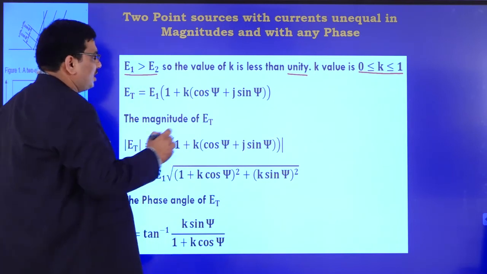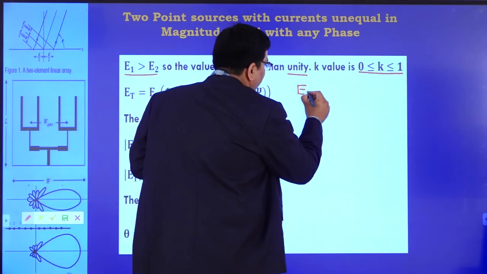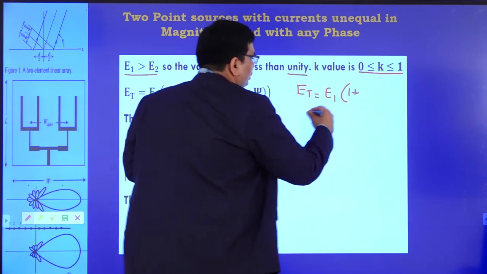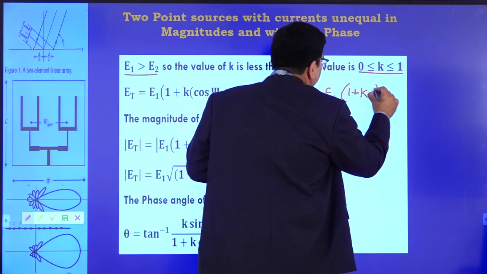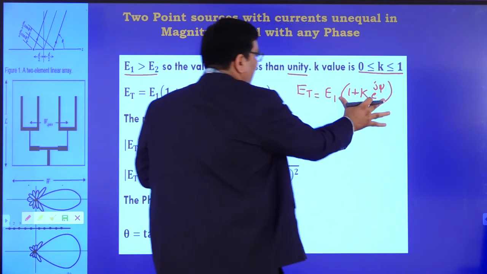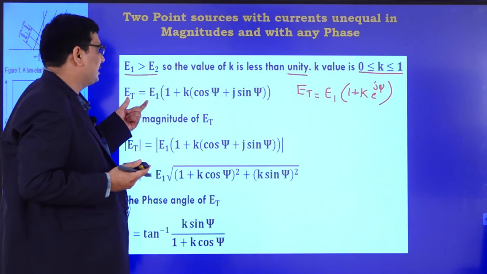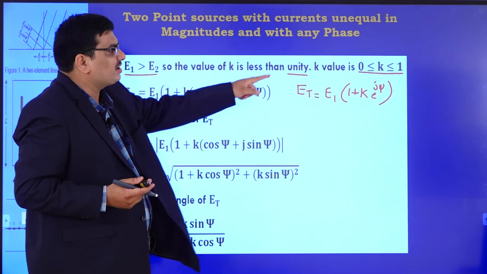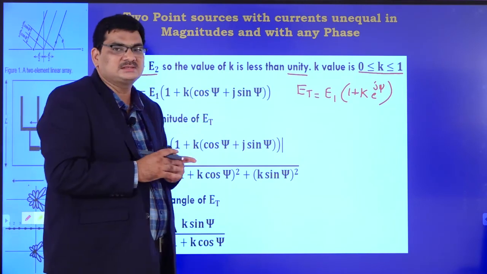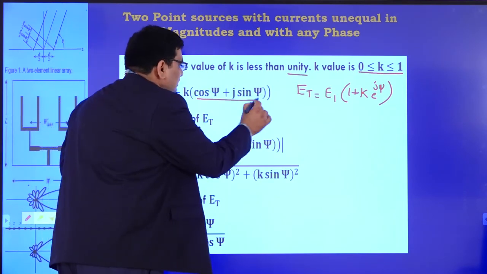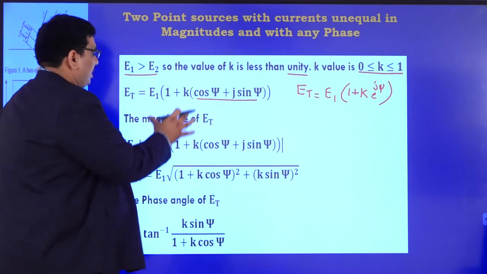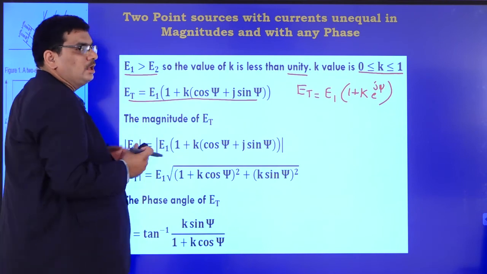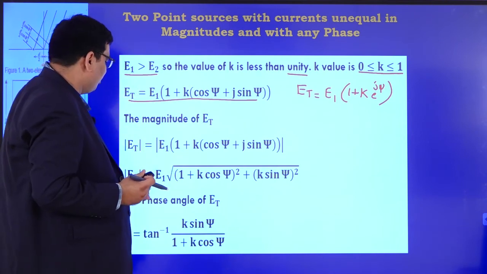So in the total field equation, Et equals E1 into 1 plus E2 by E1, which is k, into e power j psi. Elaborating this, Et equals E1 into 1 plus k into e power j psi, where e power j psi equals cos psi plus j sin psi. From this total field expression we get the magnitude term and the phase term.